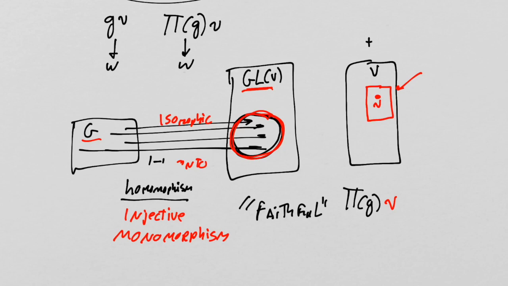And if I do that, the ultimate result is another element inside that little space, no matter what G I choose.